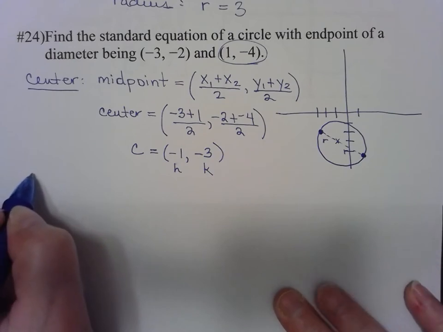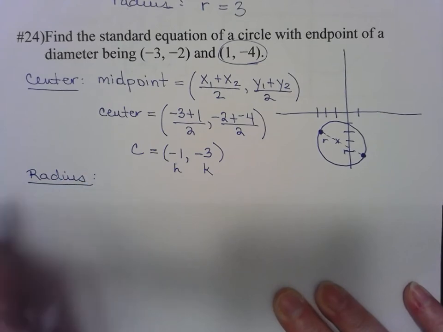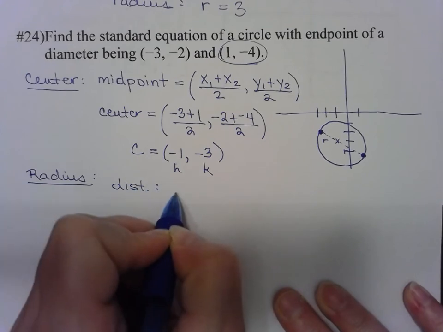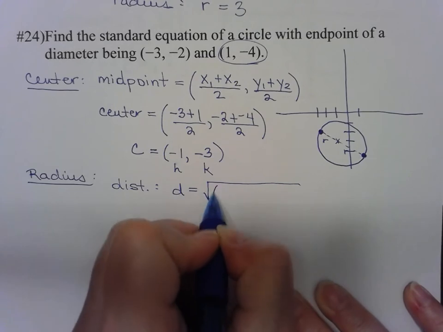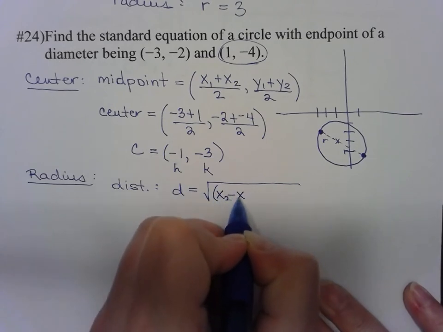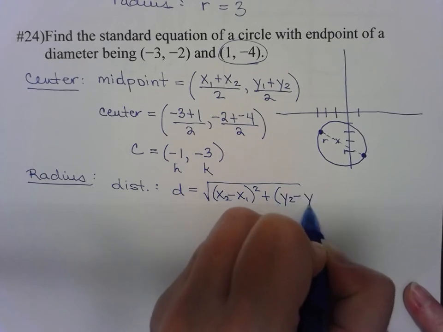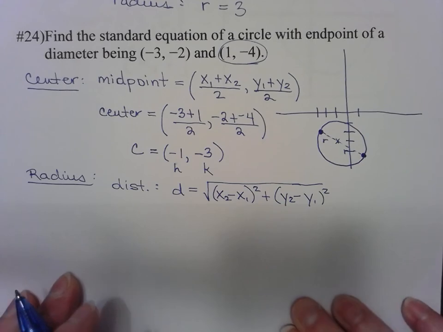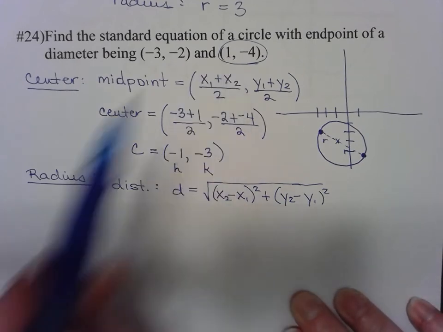Okay, so let's see. We want to find the radius. And to do that, we're going to use the distance formula. We just derived this one, but let me jot it down one more time in case you need to see it. Okay, so I'm going to use the center and this other point.